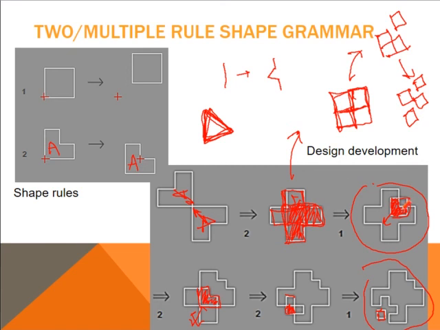But if you choose a different way, you apply the rule to a different shape, you can get this, and then you get this. Okay, so there are many other ways you can manipulate the design, how you can apply the rules to different shapes to create a more interesting design. Okay, understood?